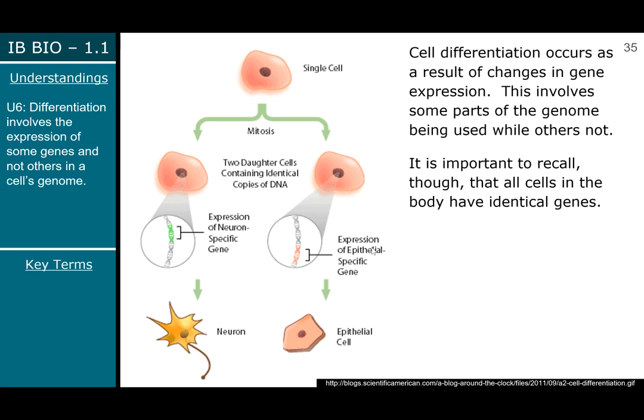Now, we don't technically talk about genes until topic 3, but I want to take a minute and explain what gene expression is. So expression of a gene means that gene is flipped on and you're seeing the result of whatever that gene does. So if you have 2 sets of genes, one from each parent, right?